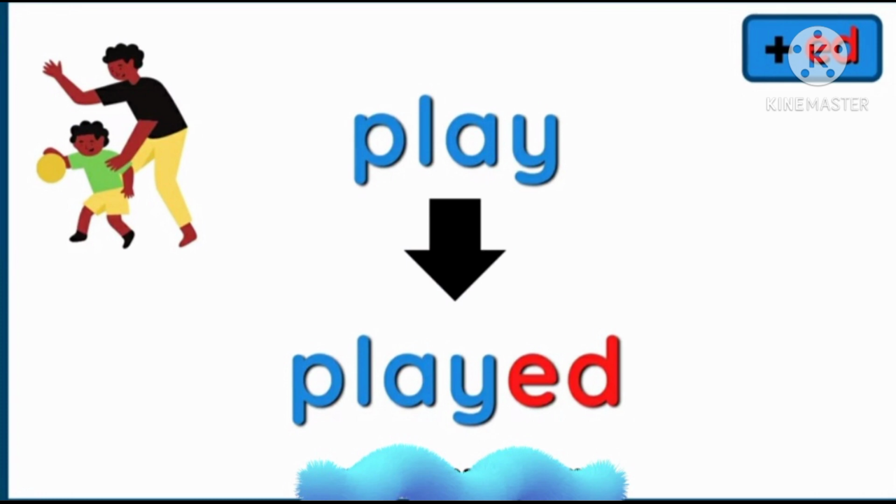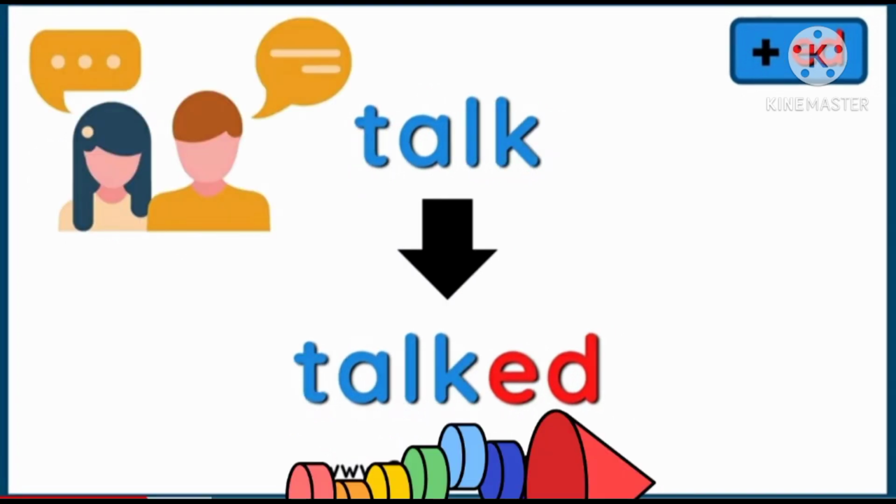Now the third example, talk. Talk is another verb. What I have done here? I have just added ed to the verb. It becomes talked. This is the first rule where almost all the regular verbs will be added with ed.